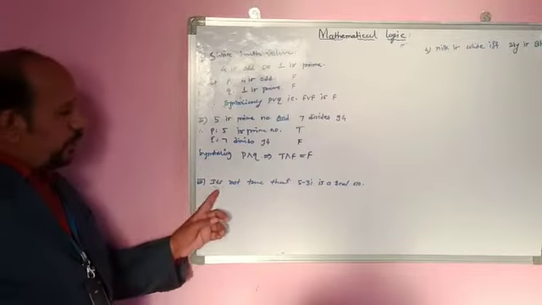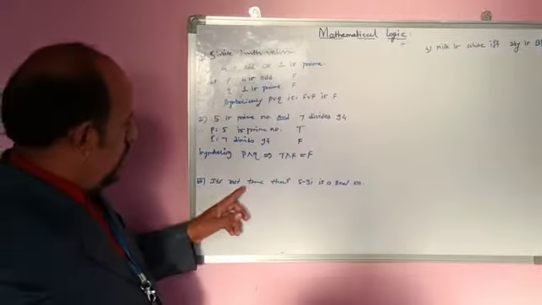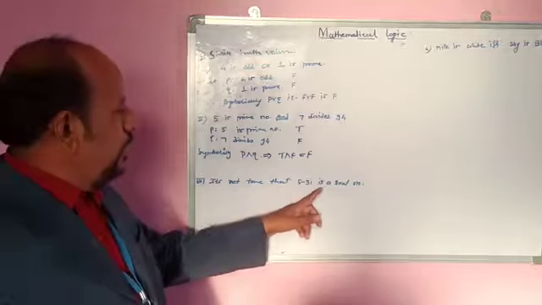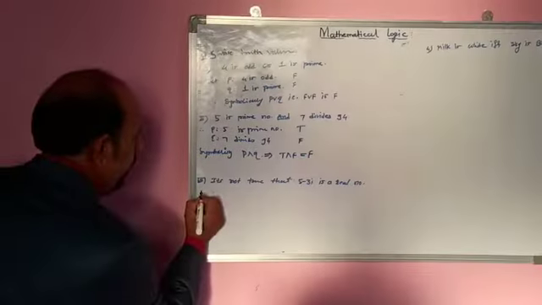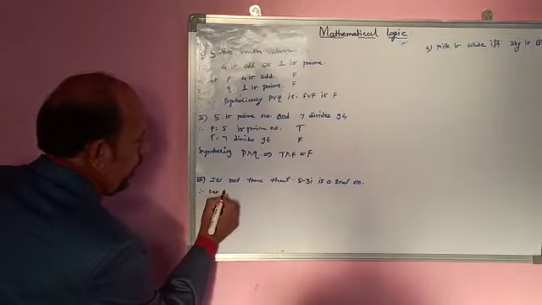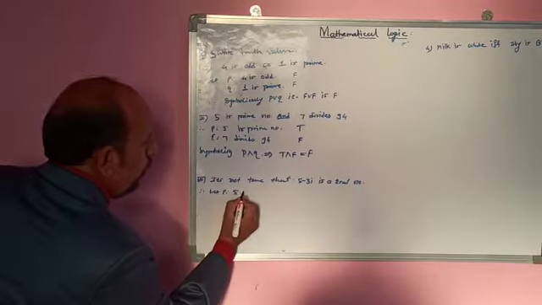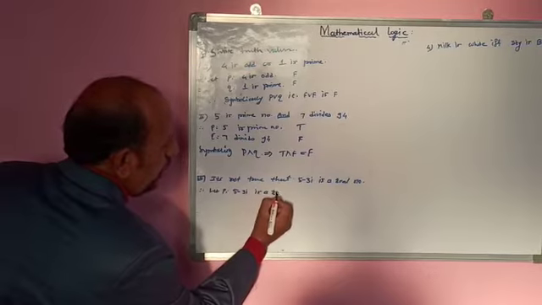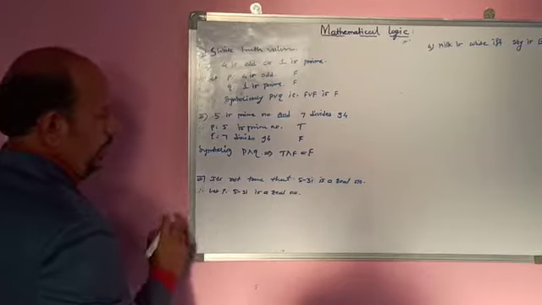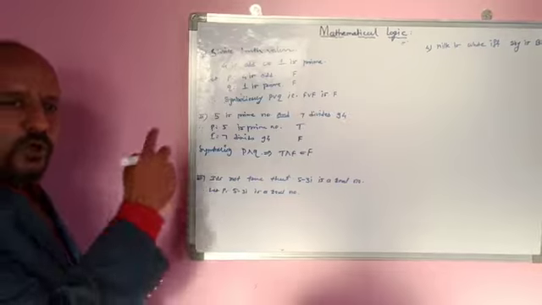Third example: it is not true that 5 minus 3i is a real number. Let P be 5 minus 3i is a real number. But we write that it is not true.